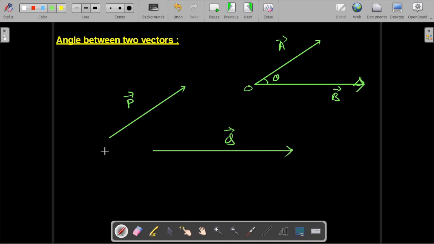We can still find it out. Draw this by a dotted line, and this angle is the angle between the P and Q vectors. Understood? This will be the angle between these two vectors. This way also you can find angles. Okay.